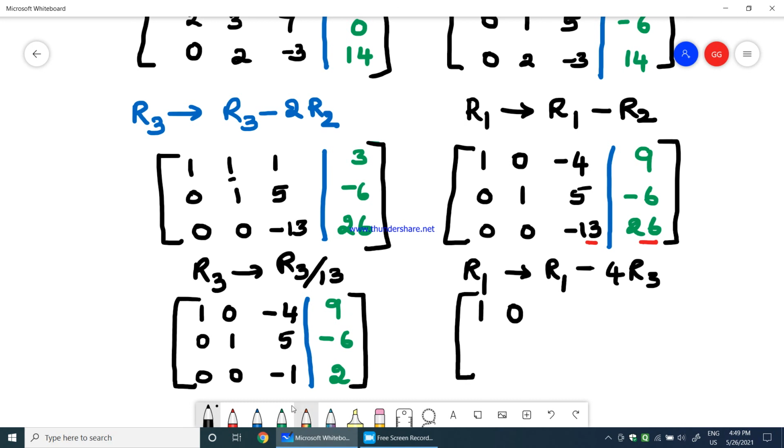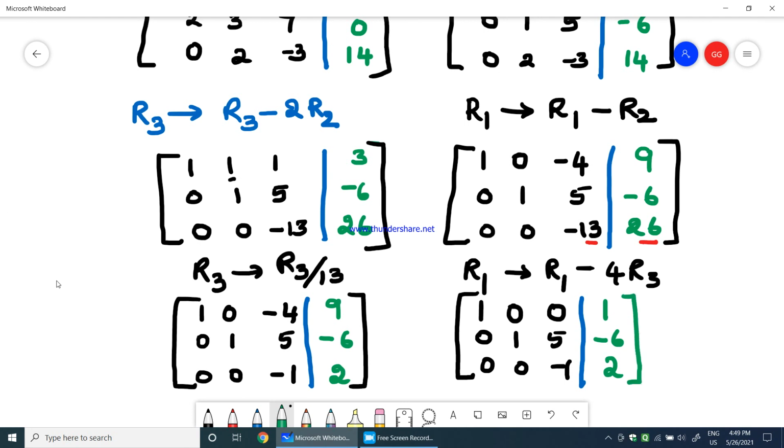Minus 4 minus of minus 4 into 1, which is 0. And then 0 1 5 0 0 minus 1, and here 9 minus 4 into 2, so it becomes 1, minus 6 and 2.